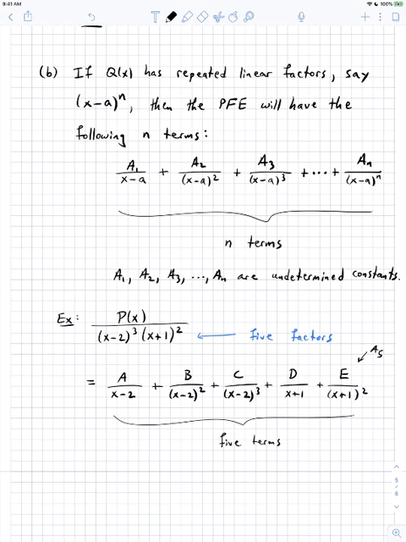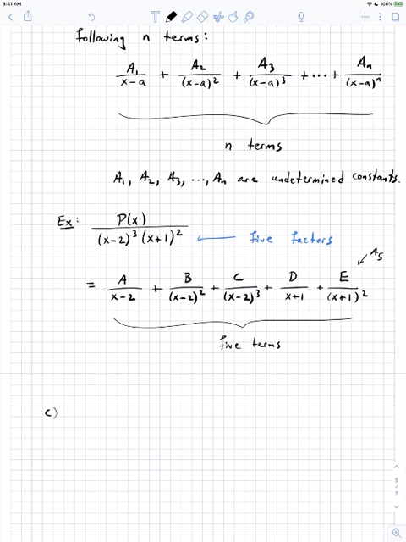The next thing you might have is, if Q(x), let's say, has an irreducible quadratic term, let's say it's something like x squared plus a squared.